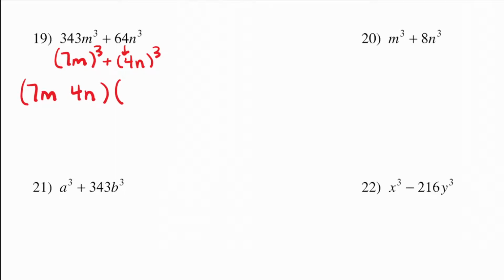Okay, if I square 7m, I'll get 49m squared. If I multiply 7m and 4n, I'll get 28mn. And if I square 4n, I'll get 16n squared. And because this is a sum of 2 cubes, this will be the same sign, opposite sign, and this sign will always be positive.